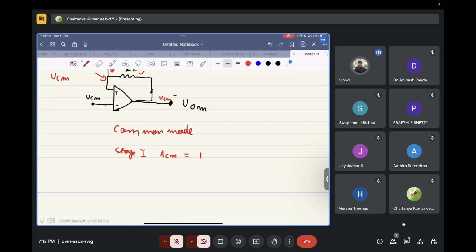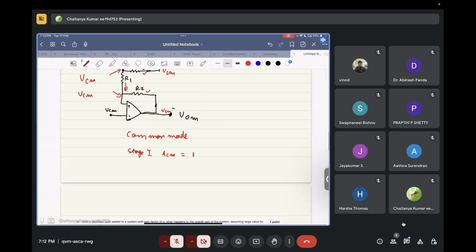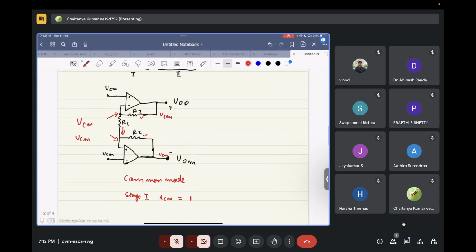Correct? Okay, the other way to solve this problem is: since each of these nodes is swinging exactly the same, this is swinging VCM, this is VCM, this is VCM, this is VCM. Correct?